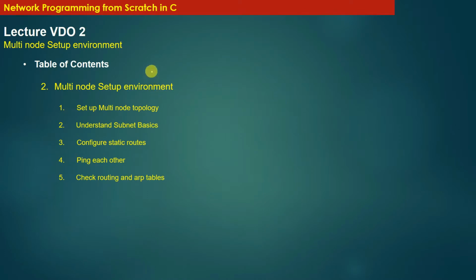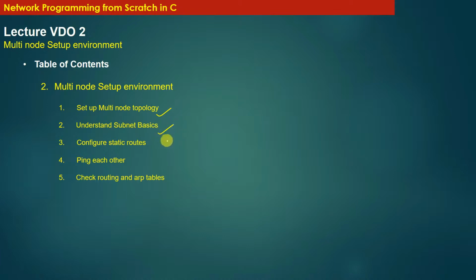So welcome back guys. In this module you will learn how to set up a multi-node environment on your local machine, because this is a networking course and you will need to set up multiple nodes in order to test your networking projects and applications. In this module we will learn how to set up a multi-node topology.